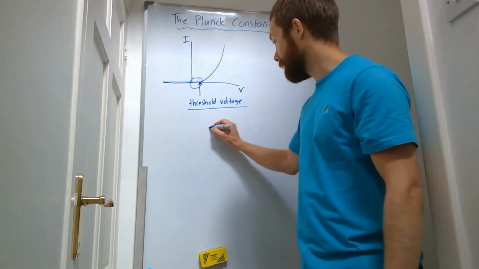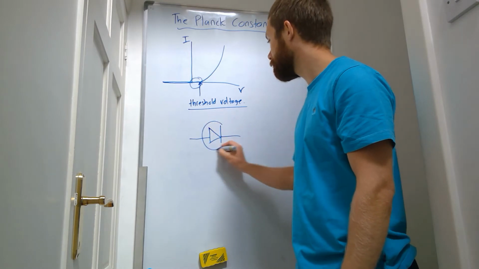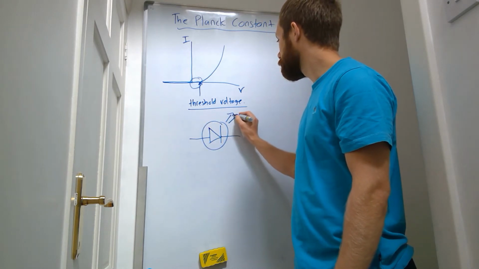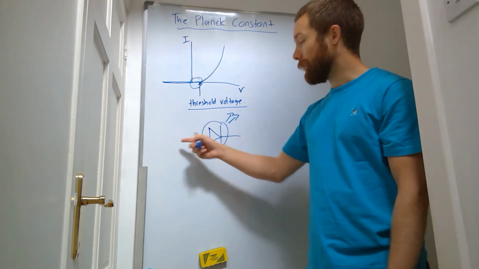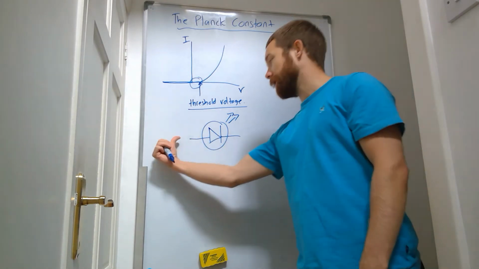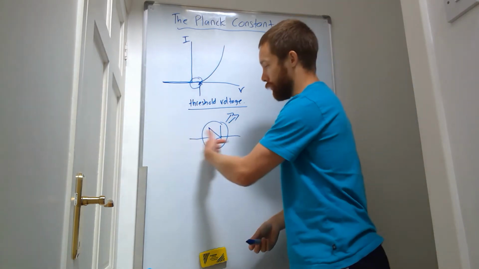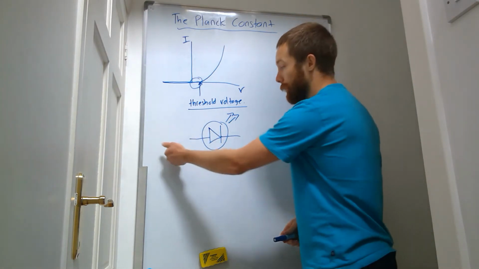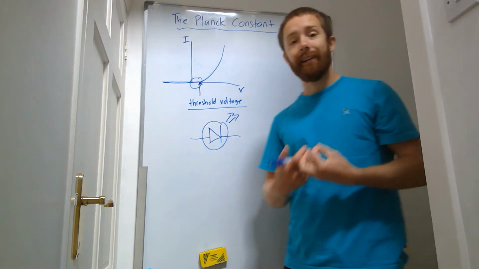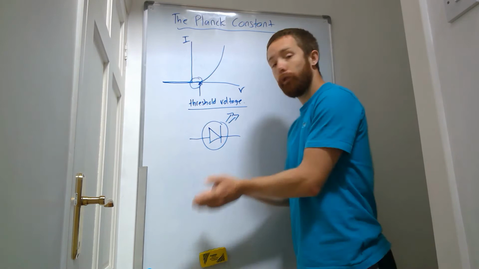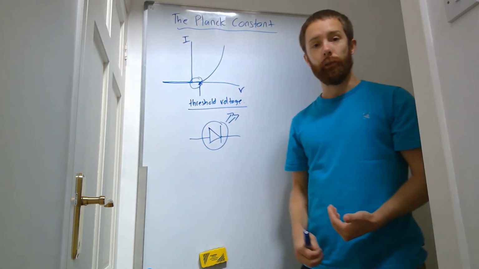If we've got our LED, we'll just remind ourselves of the symbol here. We've got electrons going through. This is actually a conventional current, so the electrons are going that way, but I'm just going to imagine the electrons coming through. As an electron goes through the LED, that electron is going to lose some energy, and that energy is going to be turned into a photon of light.